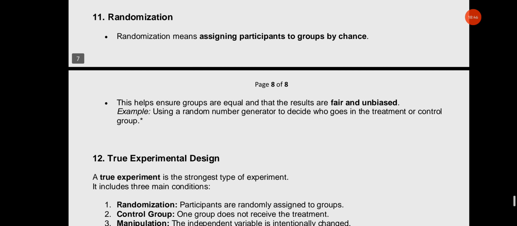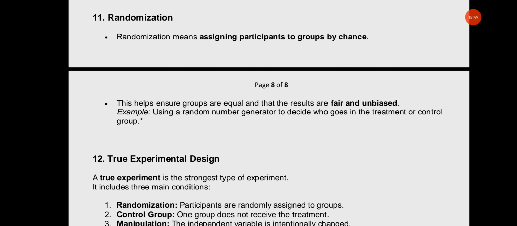Randomization. Randomization means assigning participants to groups by chance. This helps ensure groups are equal and that the results are fair and unbiased. Example, using a random number generator to decide who goes in the treatment or control group.